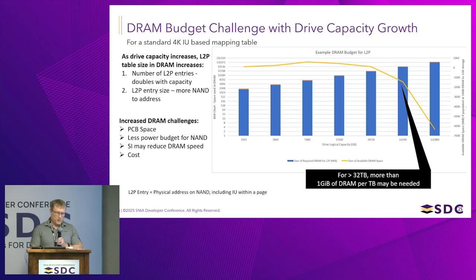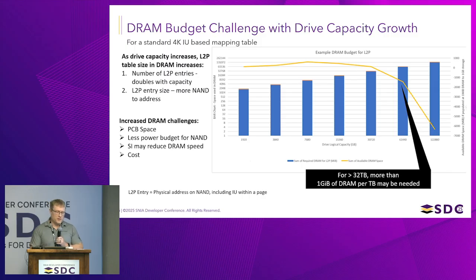We've got a graph here with quite a bit going on, but there's a yellow line on the top that basically shows the extra DRAM space that I have if I'm mapping with 4K units, and I have basically 1 GiB per terabyte of drive space. So on the 2 terabyte, no problem. It keeps going like that up to 32. And then at 64, if I keep that mapping unit the same size, I start to go into negative DRAM space.